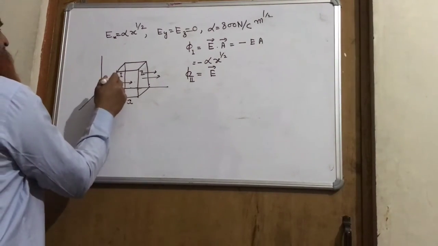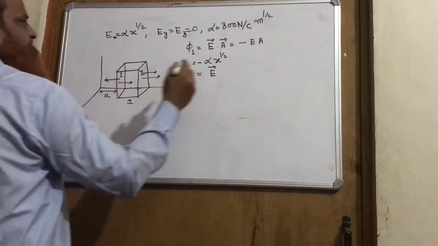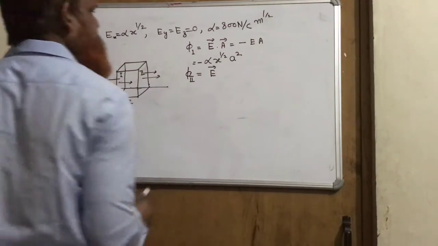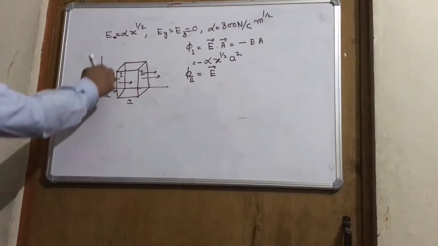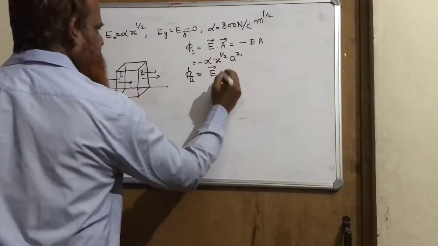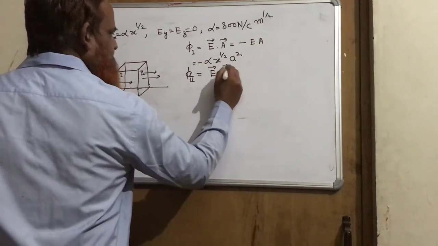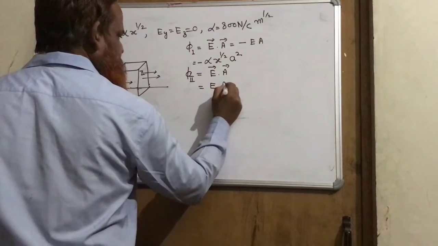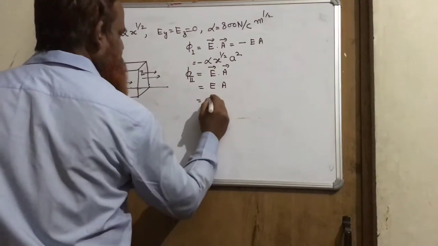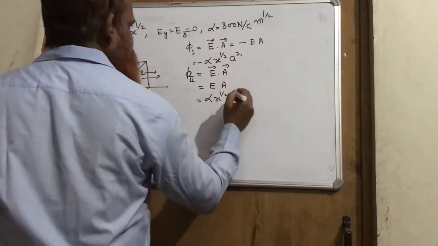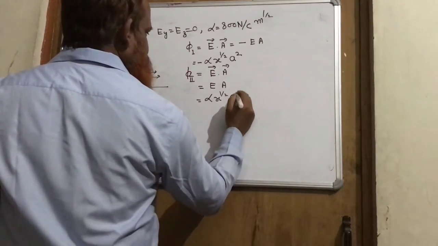The area of this surface is A square, where A is the side. For the second surface, the electric field and area vector are in the same direction, so it will be EA, where E is alpha x to the power half and the area is A square.